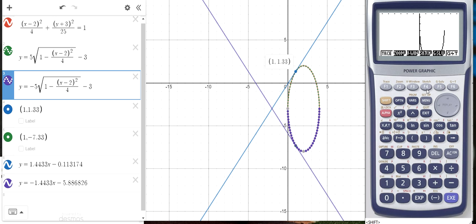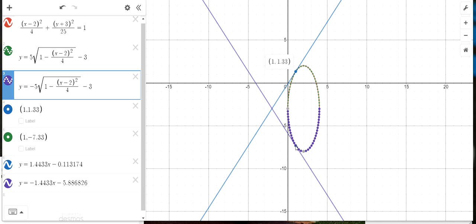Now if I do Shift G-Solve, and I want to find the y for x equals 1, that is -7.33, so 1 and -7.33, which is that point there.